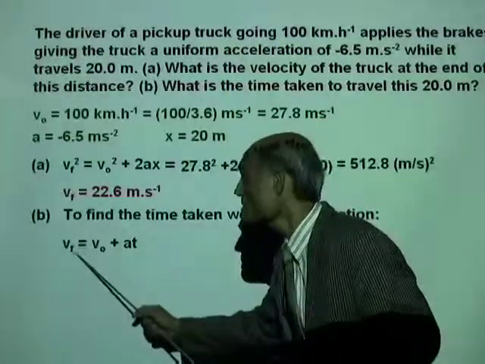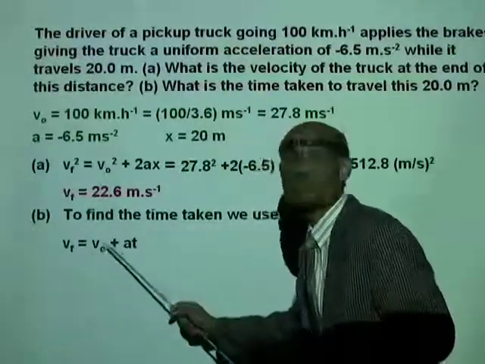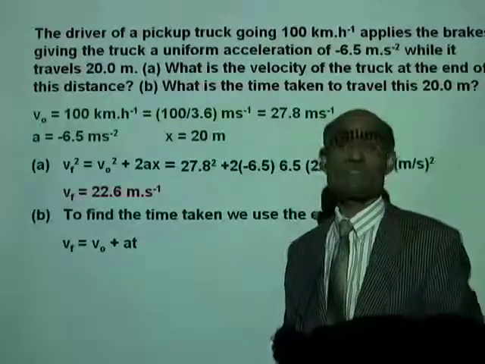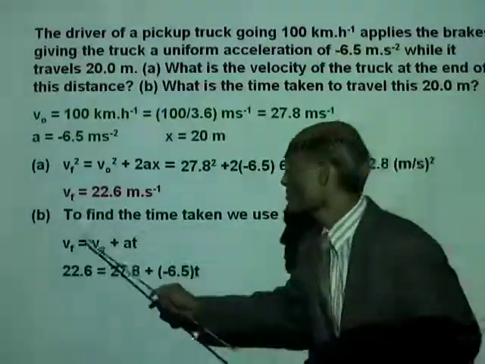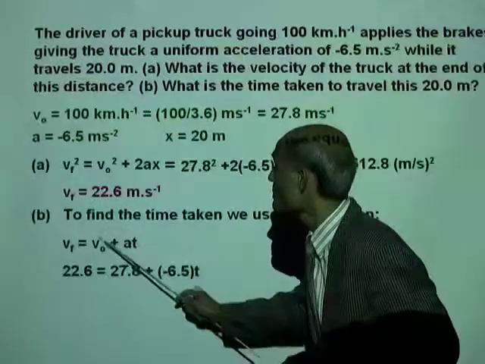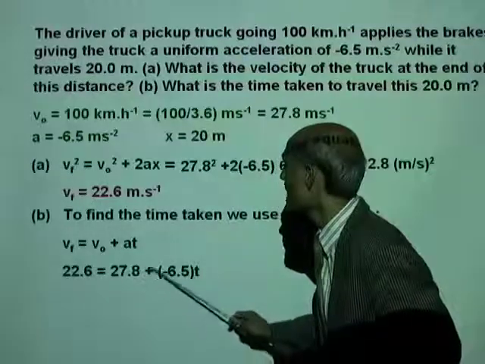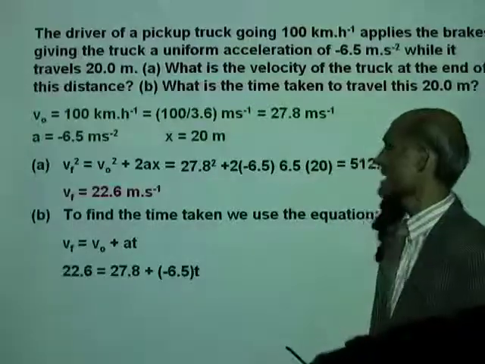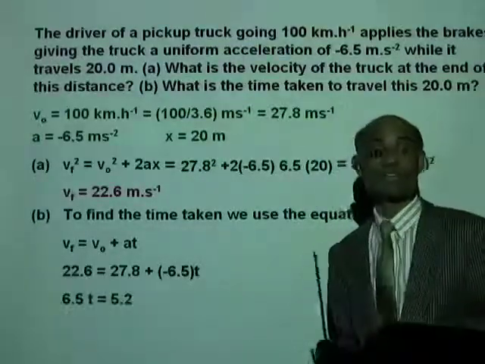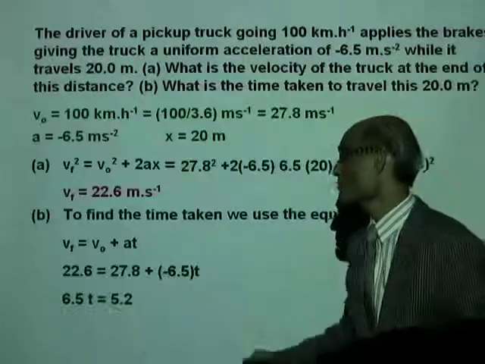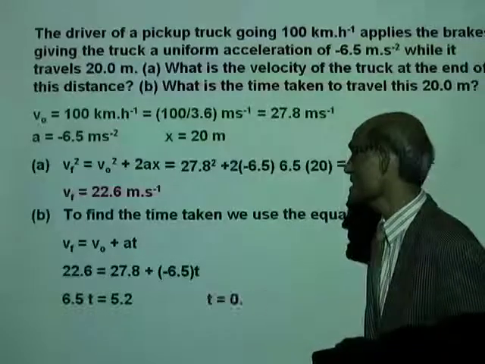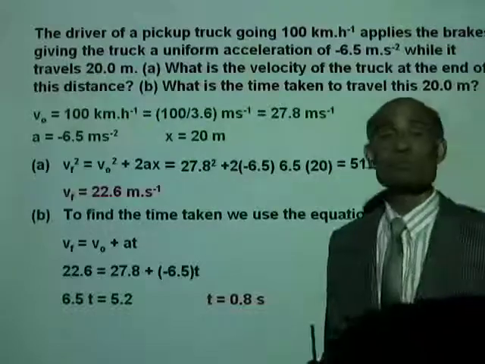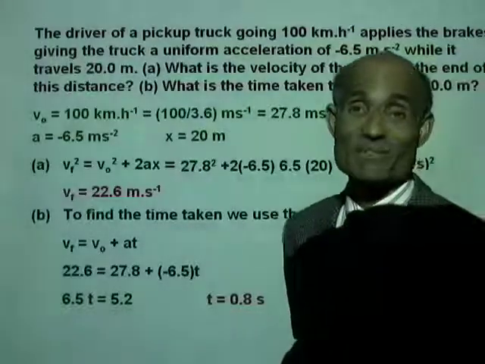We have obtained the Vf, we know V0, we know a, therefore we can find the time. So 22.6 equals 27.8 plus a, which is negative 6.5, times t, and you can solve that equation. That will be 6.5t equals 5.2, or t equals 0.8 seconds.